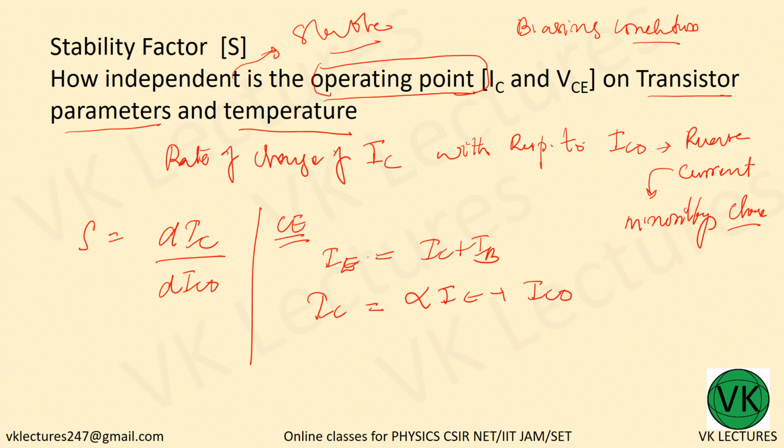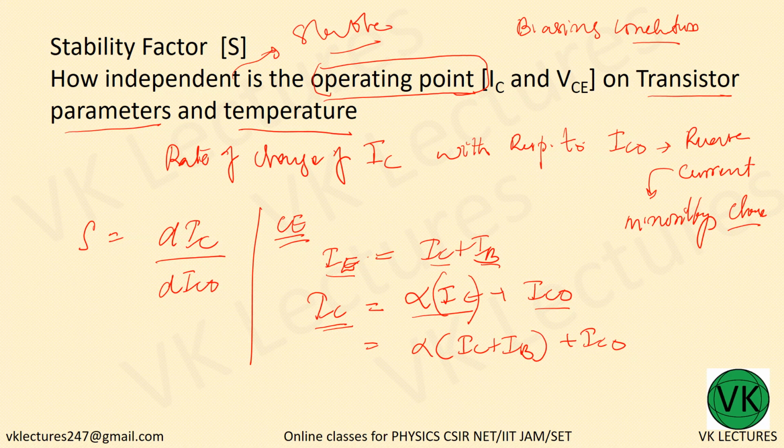Alpha is the current amplification factor in common base. Now, what is this IE? IE again we can write as IC plus IB. So IC equals alpha into IC plus IB, plus IC naught.